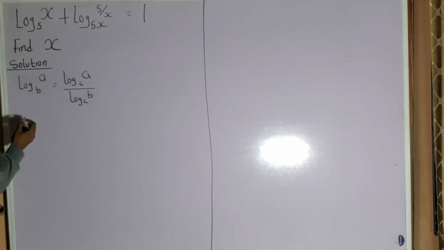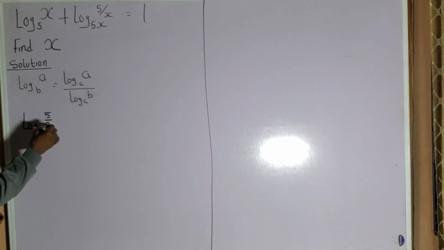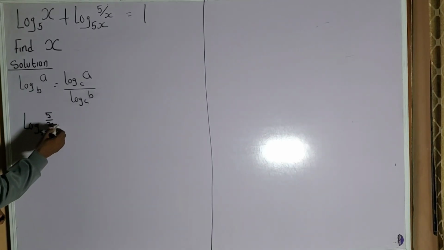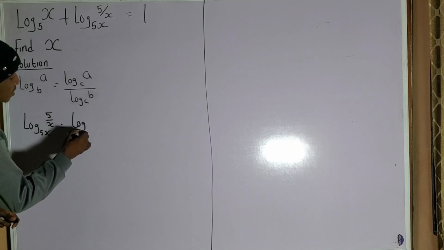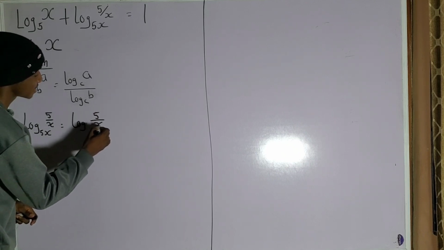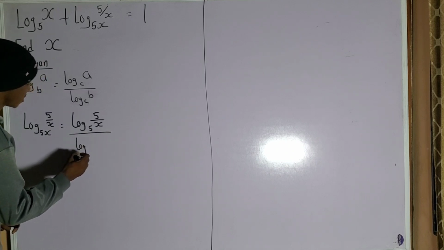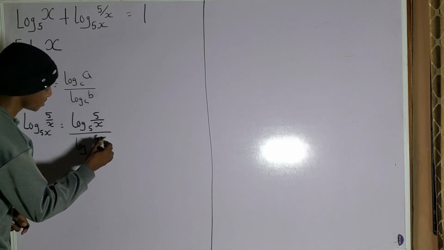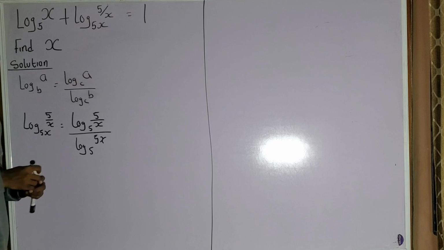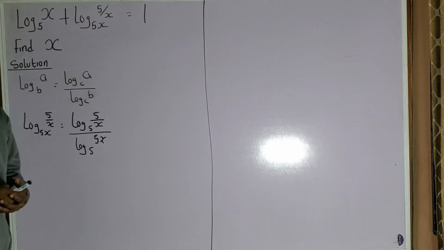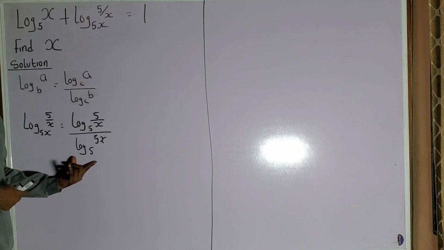So that means I can rewrite log 5 over x base 5x as log 5 over x base 5 all over log 5x base 5. Now, I've changed the base of the logarithm to 5. Are you getting it?